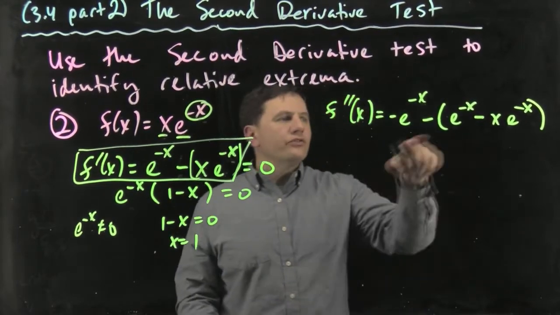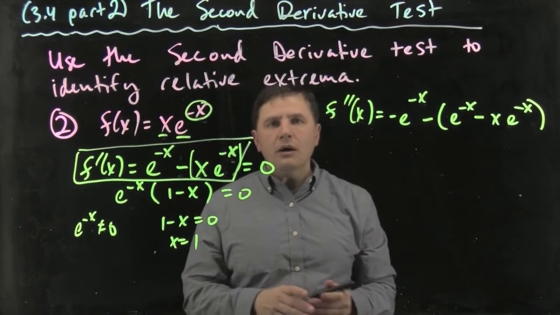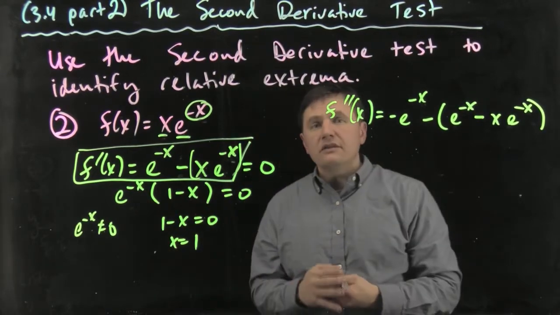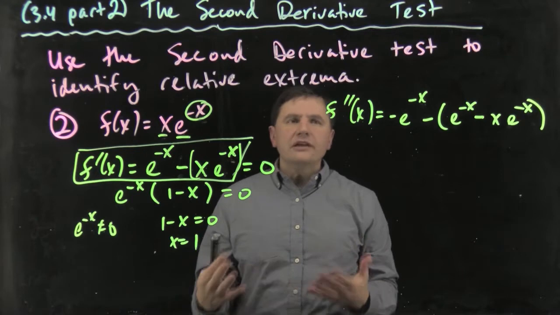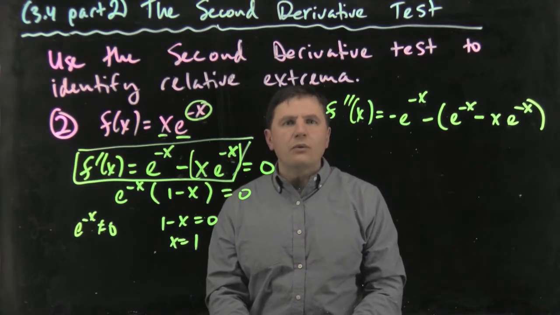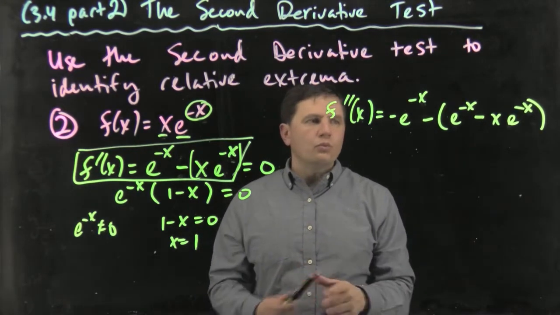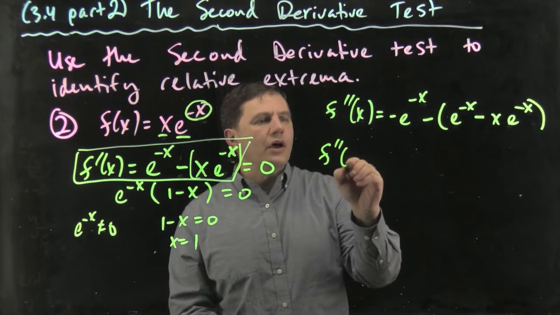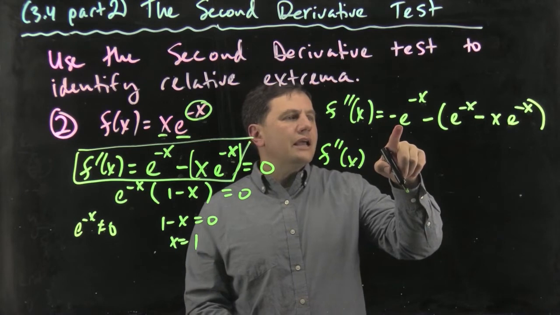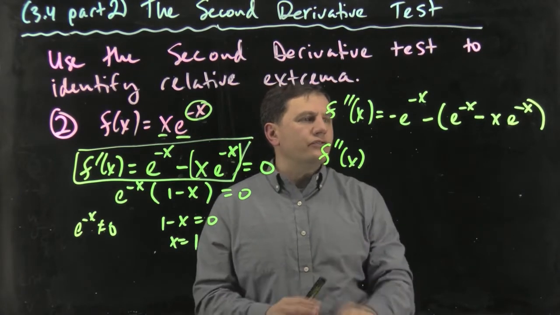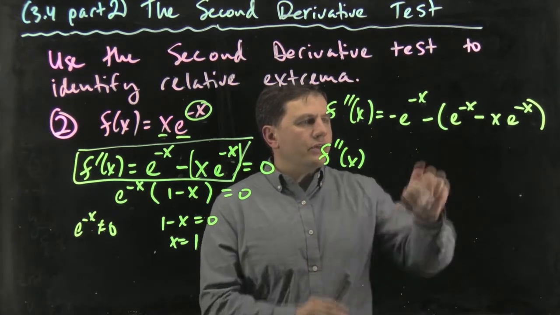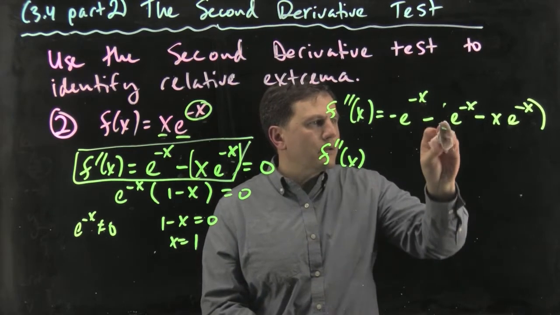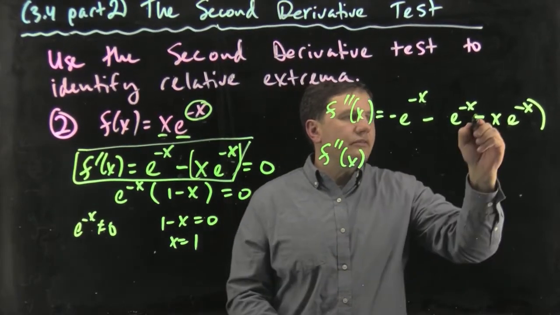Okay, let's do a little simplifying, because I do have to work with this. One of the trends hopefully you're picking up on in this class is that simplification isn't a big deal. We do want to simplify when it's going to help us to do the problem, which is what we're going to see in this case. So I'm going to get f double prime of x. This will be negative. So let's go ahead and just distribute this negative. This will give us a negative here, and it will give us a positive here.